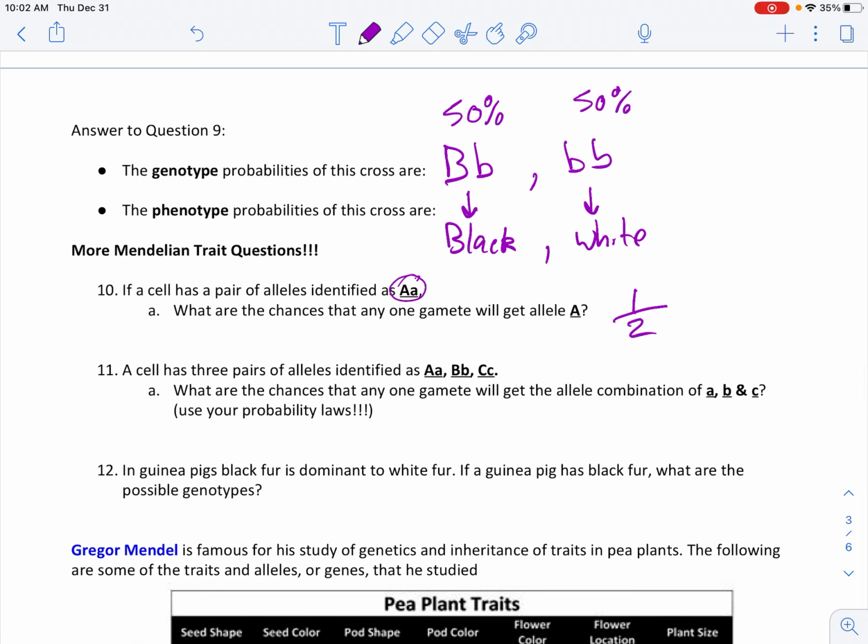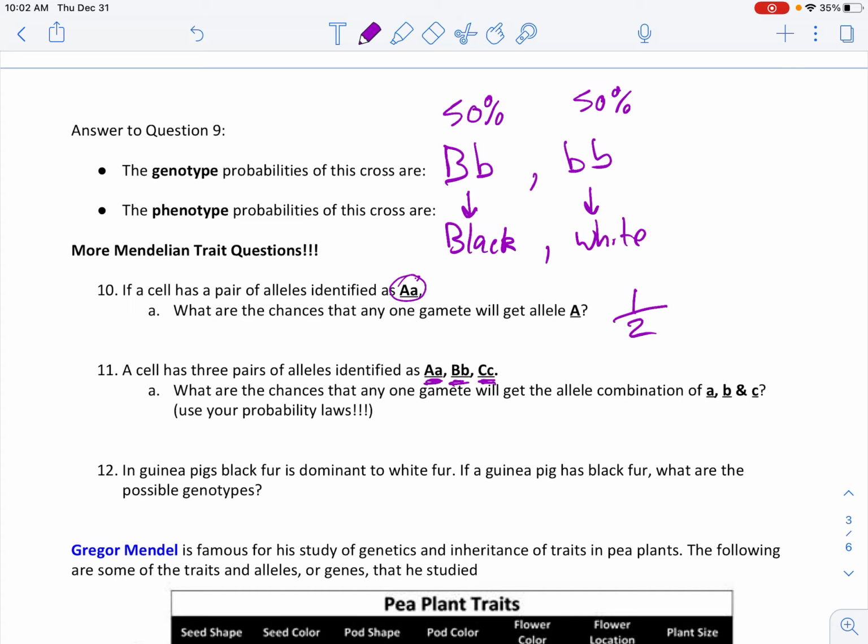A cell has 3 pairs of alleles. We don't even know what the genes are for these alleles, but it's big A, little a, big B, little b, and big C, little c are the genotypes for those allele combinations. What are the chances that any one gamete will get a little a, little b, and a little c?